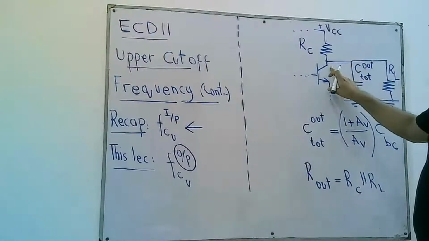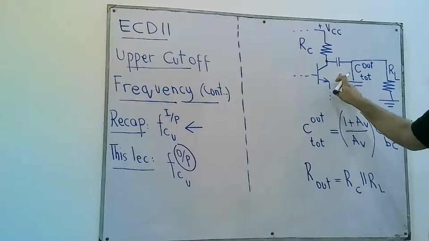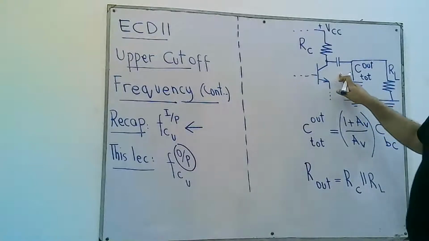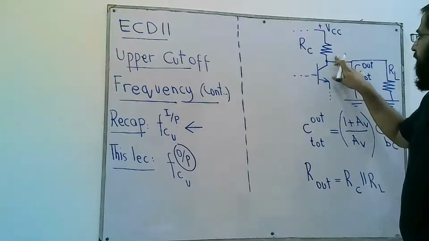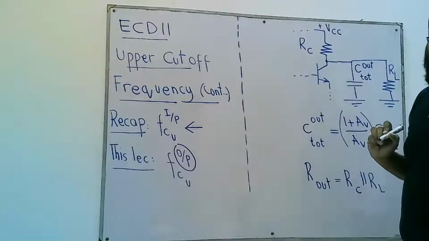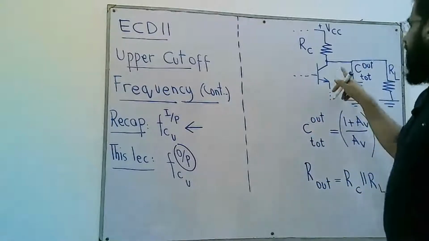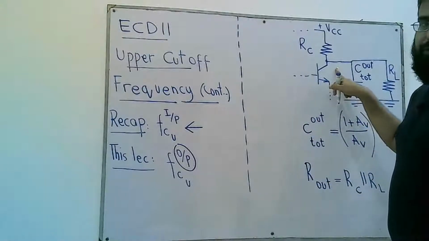We see that this coupling capacitor is no more. Why? Because at higher frequencies this tends to be short circuited, so this won't be there. It will offer least impedance or least capacitive reactance at higher frequencies.